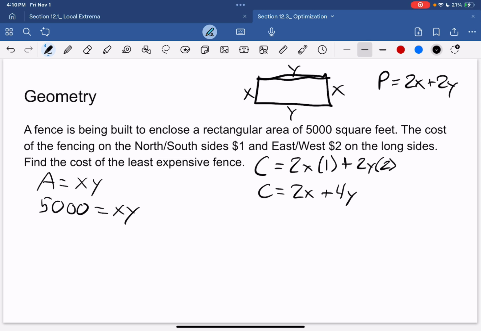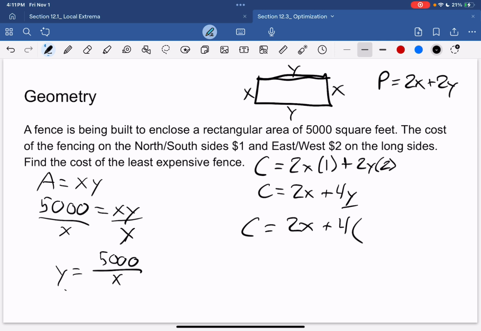So I'm going to rewrite this area equation by dividing by X to get Y by itself. My new equation is Y equals 5,000 divided by X. Now I have a Y in my cost equation, so I can substitute 5,000 divided by X in.